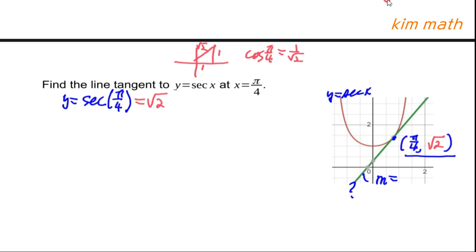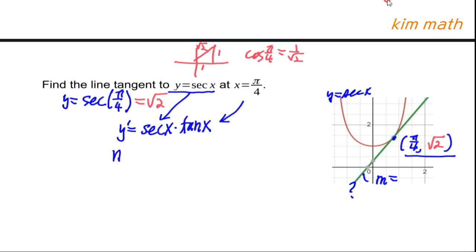Slope is the derivative at that point. So from here, what is the y prime? We already understand this formula. Secant x times tangent x. Now to find the m, the slope, here you can plug in pi over 4.